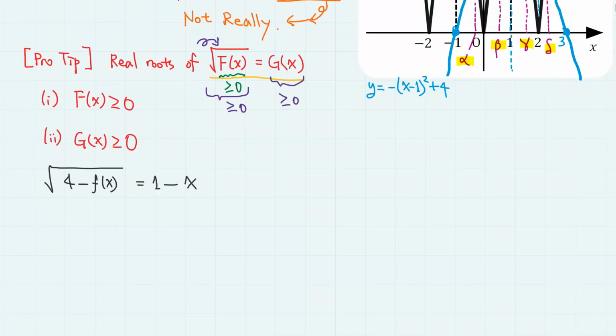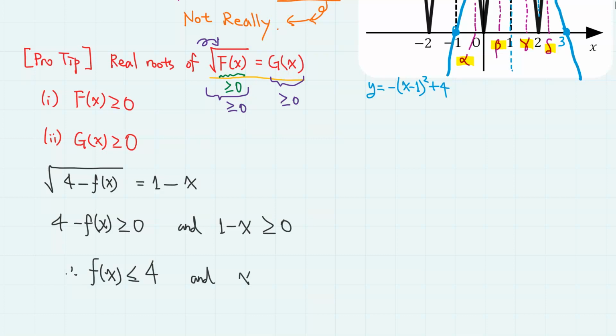So from our given radical equation, we have conditions 4 − f(x) is greater than or equal to 0, and 1 − x is also greater than or equal to 0. Therefore, we have f(x) is less than or equal to 4, and x is less than or equal to 1.